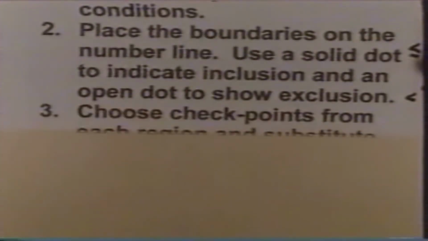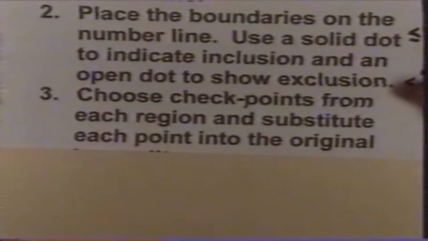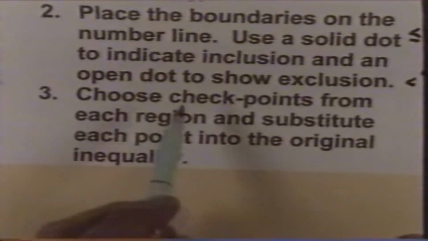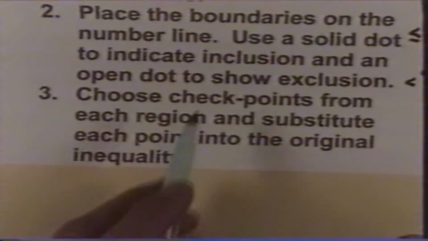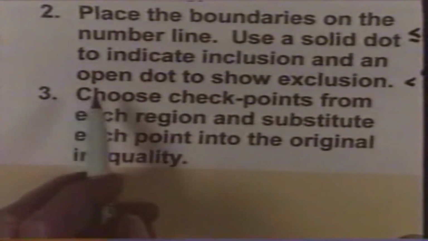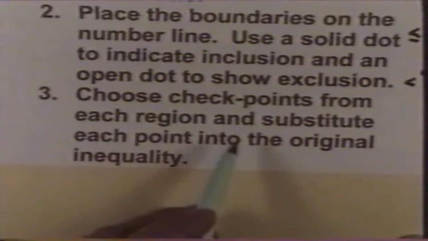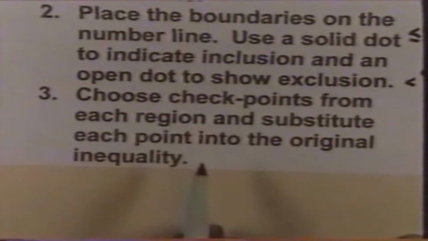Step 3, you choose checkpoints from each region and substitute each point into the original inequality. Now this might be hard to understand now. I'm going to work several examples step by step and I'll explain what the step means. So you need to use my examples to make sure you understand the strategy.